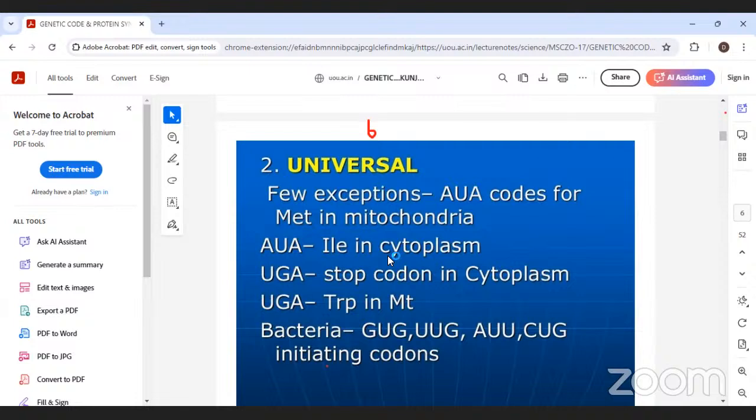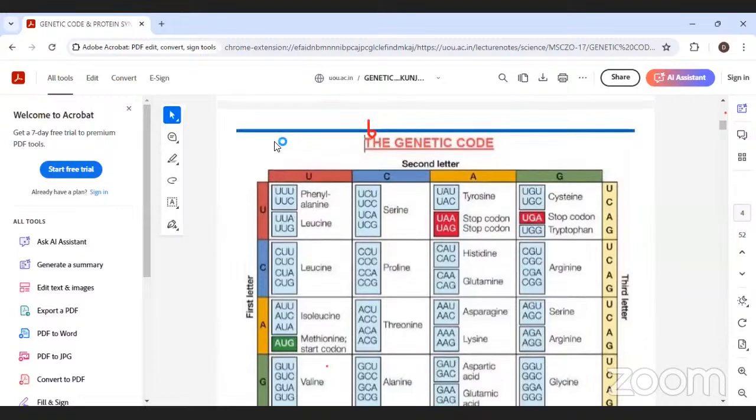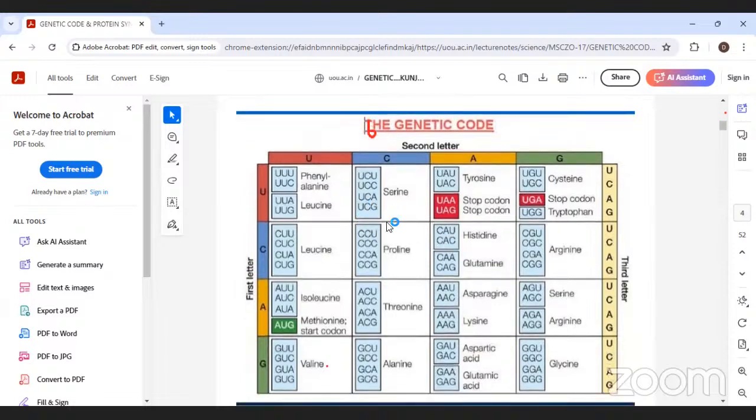The amino acids and their corresponding triplets are given in the table. In this table you can observe them all. It is evident that 61 of the 64 triplets specify amino acids.